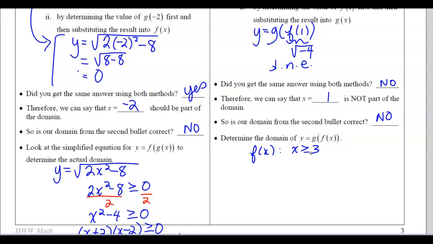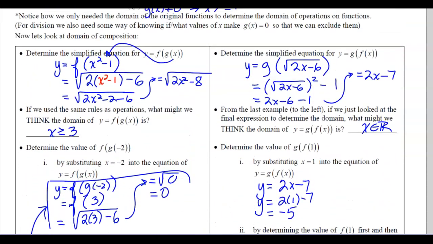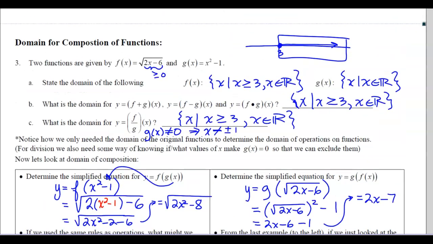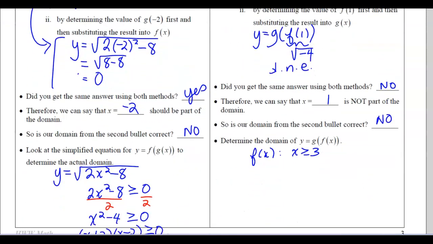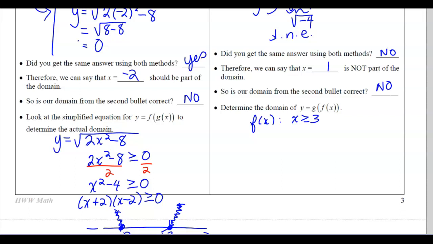Anything that we put in that's greater than or equal to 3, we'll get a number out, actually a positive out. Then when we put it into the squared here, we'll get a positive out. You can put anything in here, so there's not going to be any restrictions on that. So this x greater than or equal to 3 is going to be our overall domain.